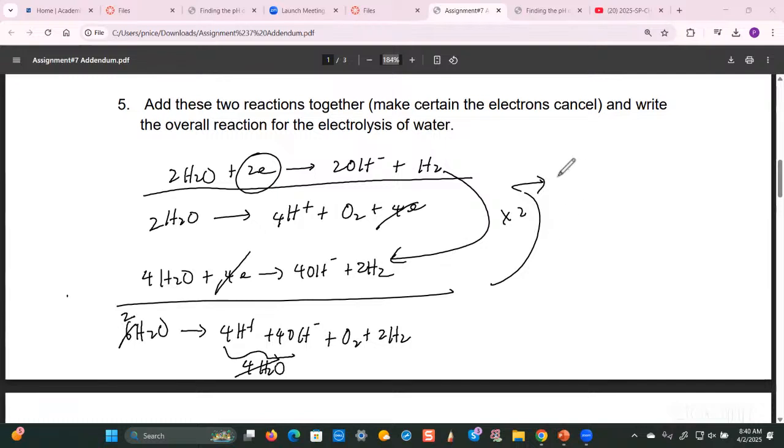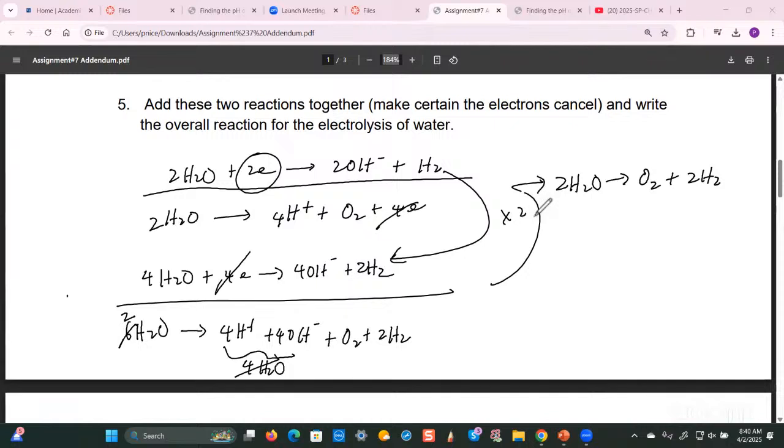And you're going to now end up with 2H2O to form O2 plus 2H2, and that would be the final answer. All right? And that's how number 5 is done. Okay, any questions about that?